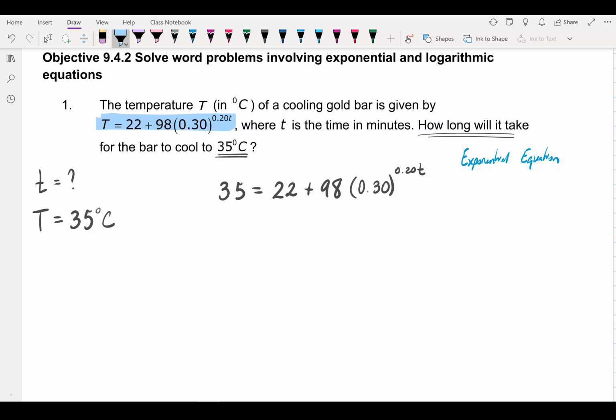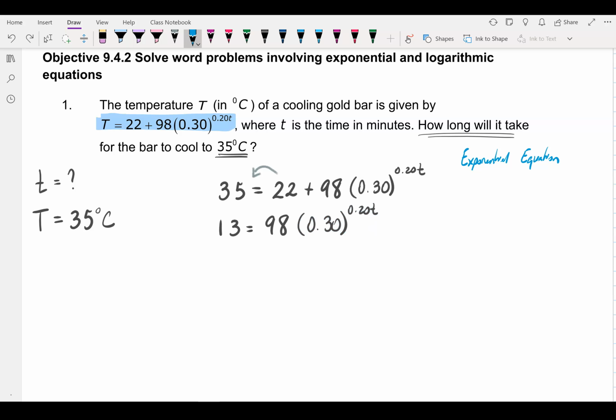We need to isolate this term. We need to get this term on its own because that's the term that has the exponent in it. Once you get to this point, you're going to want to divide both sides. Oh, that's not 23, that's 13. Divide both sides by the 98. Why is that? Because really we want to get to just the exponential term.